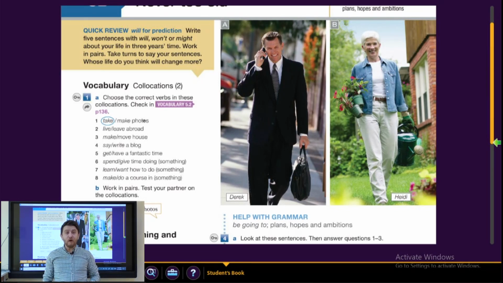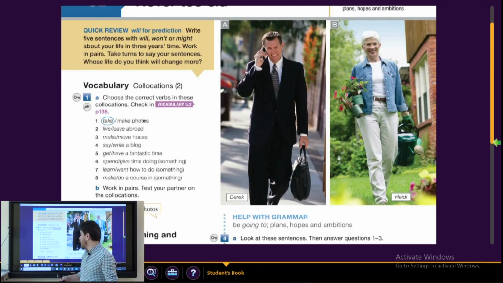When the weather is rainy, you take a taxi or you take a bus. When you are really ill, you take a day off. When you do trading, you take a risk, or you take someone seriously.